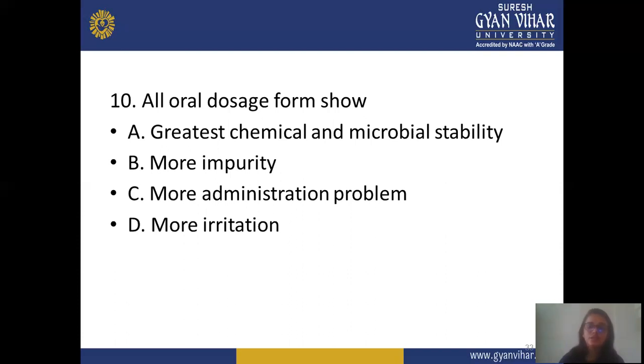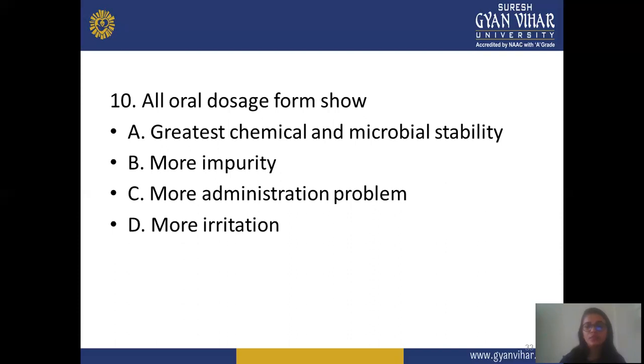So out of A, B, C, D, you select the one option which is correct for oral dosage forms. This question asks about all oral dosage forms, not a single solid dosage form or only a single liquid dosage form.